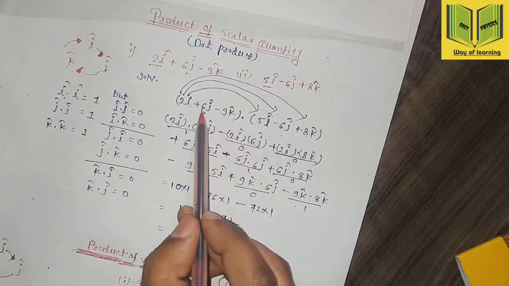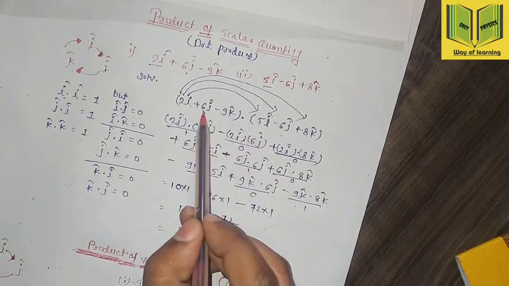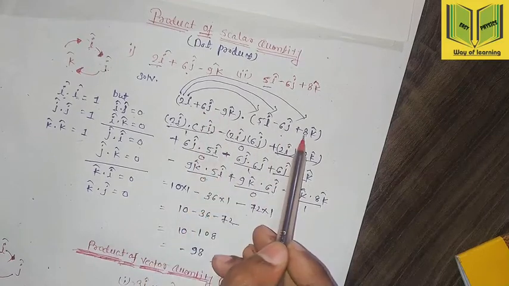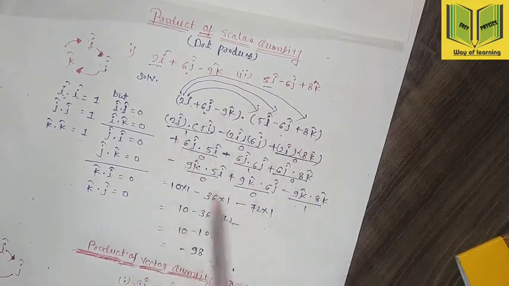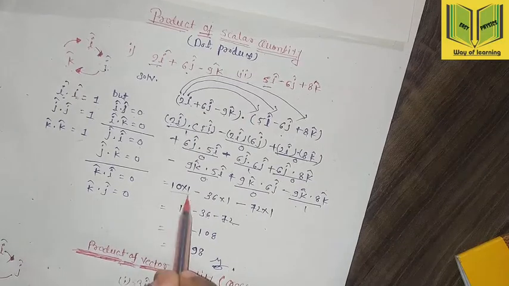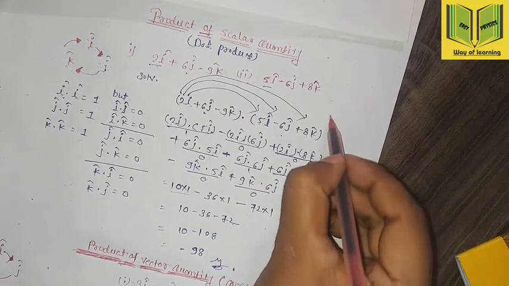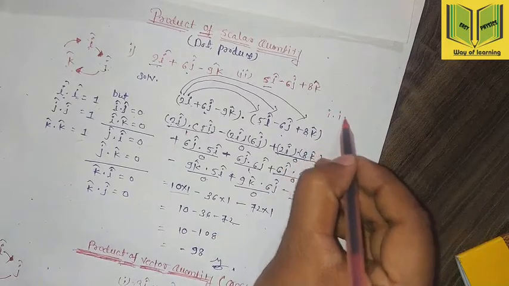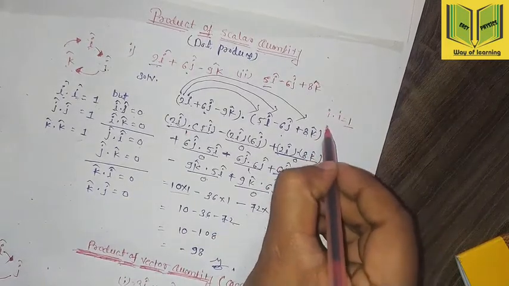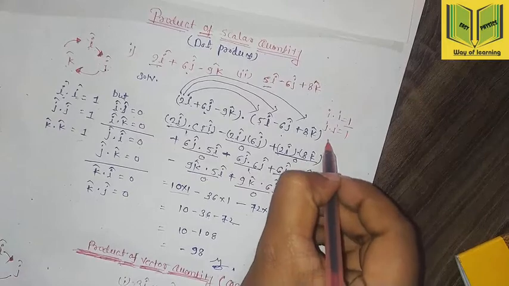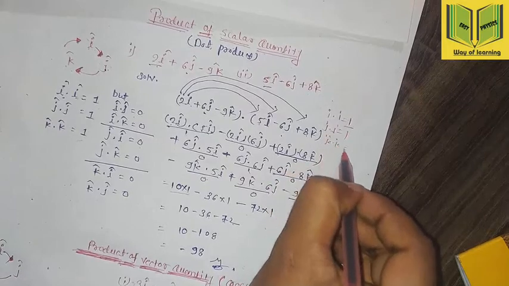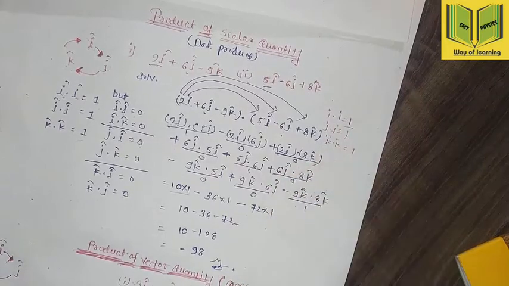Same with 6j with this one and 6j with this one. If you multiply totally, we will get like this. Only i dot i is 1, j dot j is 1, and k dot k is 1. In all the other quantities we will get 0.